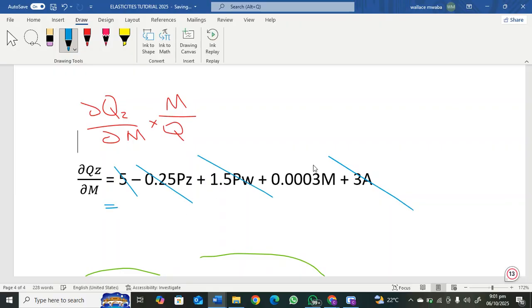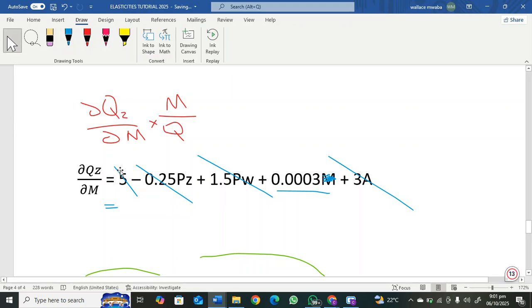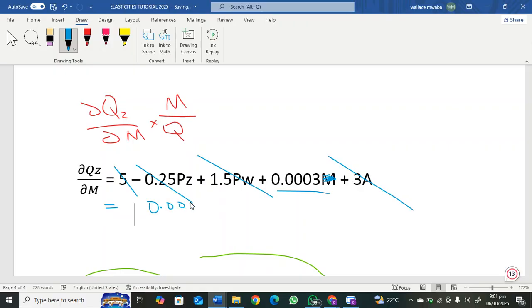So remember, when deriving, we're focusing on 0.0003 M. This is the number we're focusing on. So when deriving, just get rid of this M, and your answer is 0.0003.